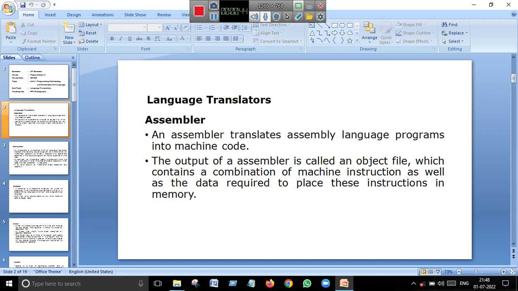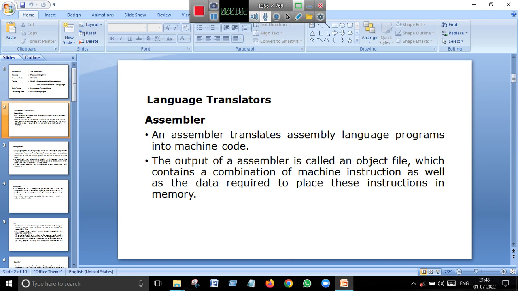So before going into language translators, I will explain a brief about the previous class.